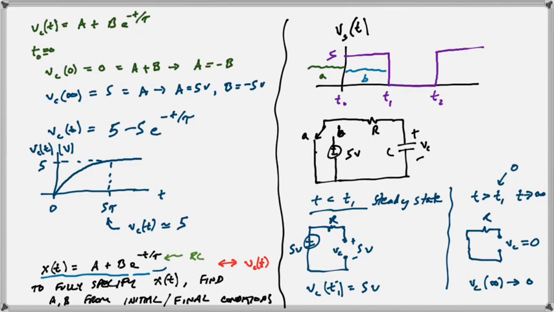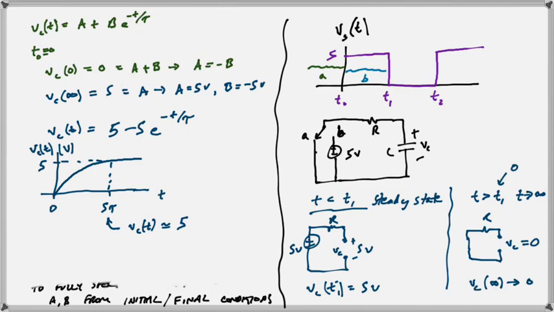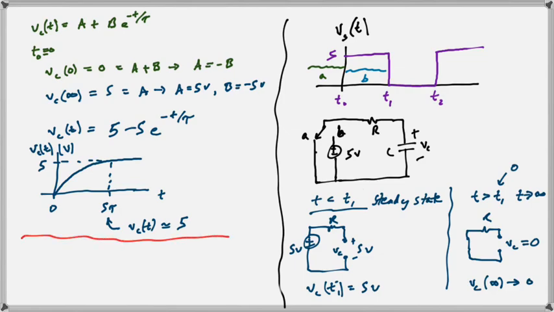Okay, so I'm going to erase some of this, and we're going to do what we just did before. We're going to apply the initial conditions. So we'll put a red line here, and the initial and final conditions will help us to find the new form.